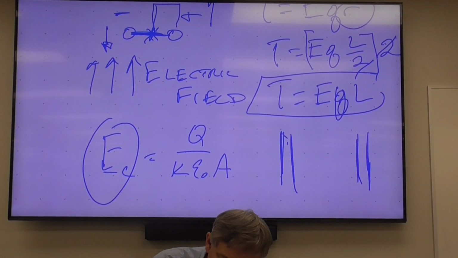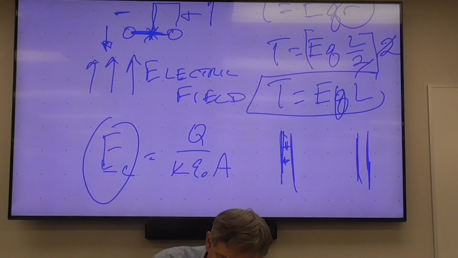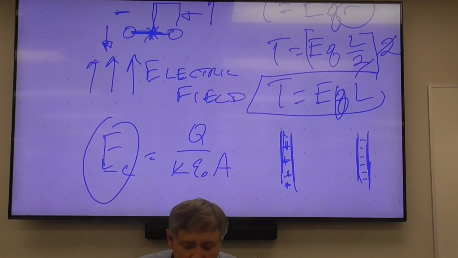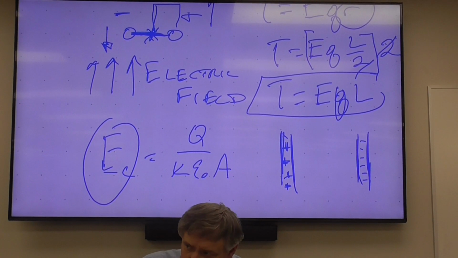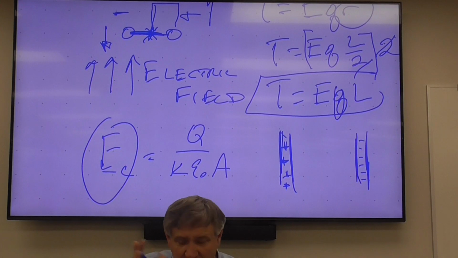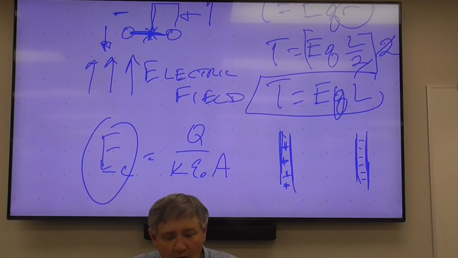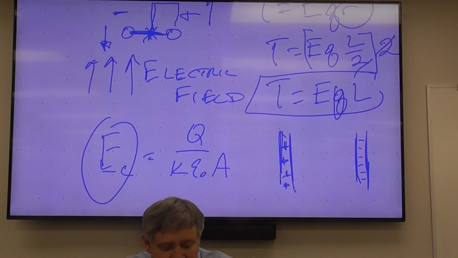So typically what you have is a positively charged plate and a negatively charged plate. So when you look at how this is going to play out, first off, you have to figure out what's the direction of the electric field within the plate.